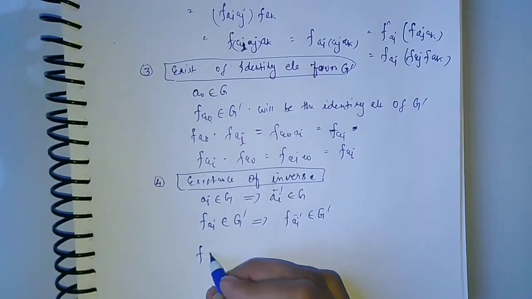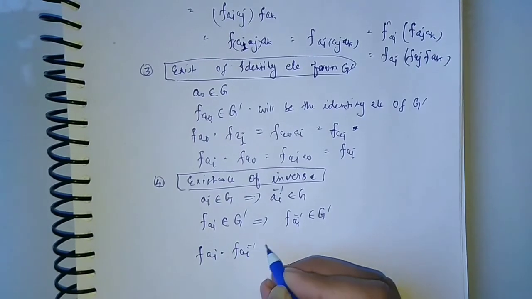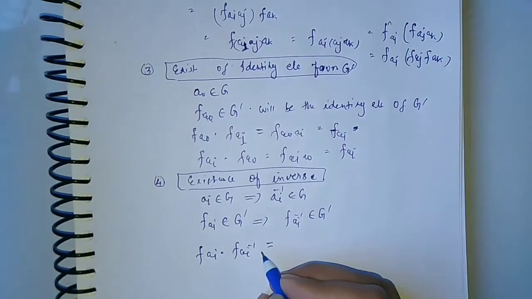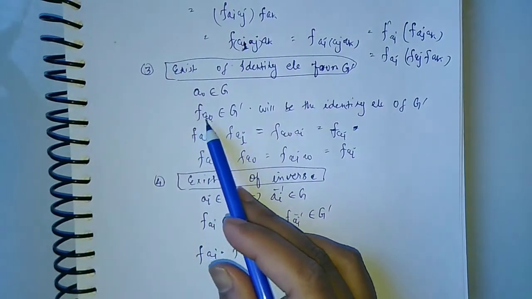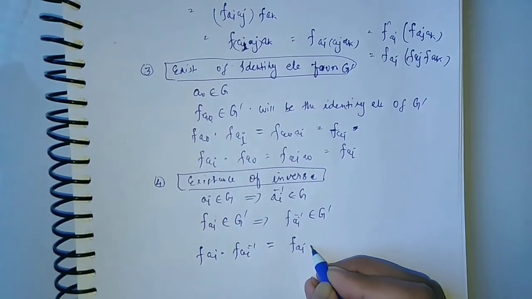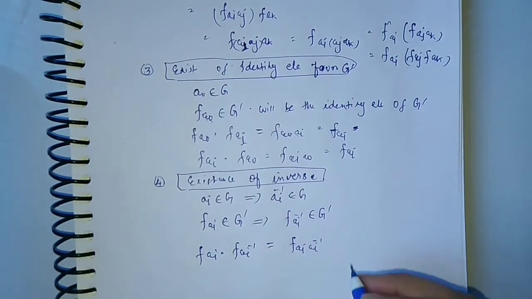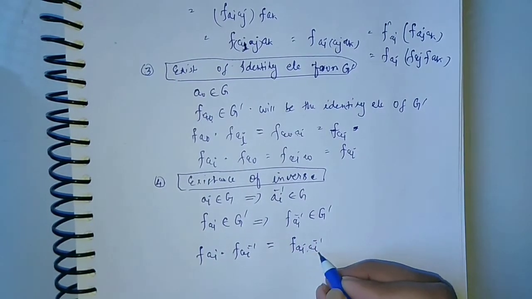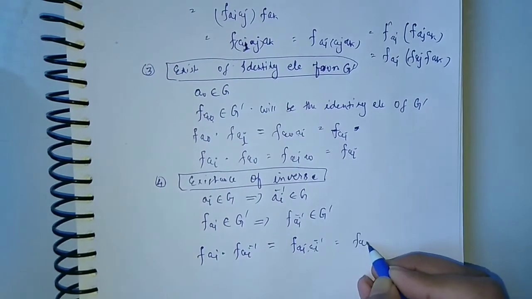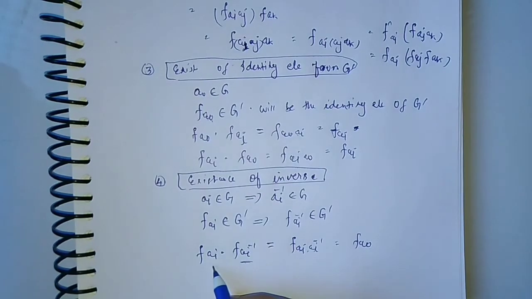So for it, f(ai) times f(ai inverse) must be equal to the identity element f(a0). So it is equal to f(ai ai inverse) from the closure property of G dash, and ai times ai inverse is nothing but a0, and it is equal to f(a0). So this element is the inverse of this element.